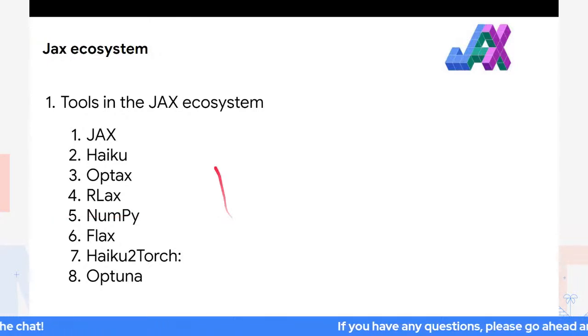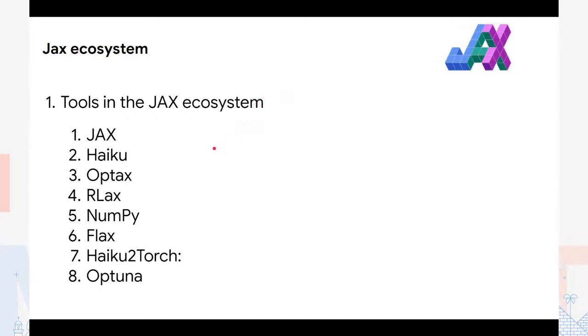If you want to sum up, the JAX ecosystem provides a wide variety of tools for building and training machine learning models, as well as for scientific computing tasks. The tools are designed to be flexible and efficient, and they try to make experimenting very easy with different models and techniques, and also to scale up training to large datasets and compute clusters.